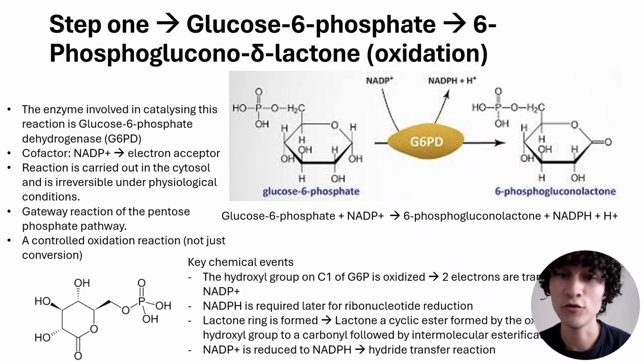Now the formation of that carbonyl group, and the changing electron distribution, will cause a ring change as well. So you get what's called a lactone ring, and that lactone ring is a cyclic ester, formed by the oxidation of a hydroxyl group into a carbonyl group, followed by intramolecular esterification.